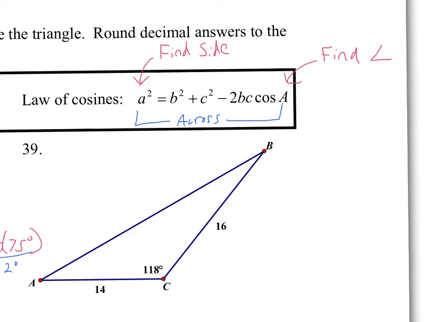The side that I don't know is right here, AB. And so that's what I'm going to start the formula off with. AB equals, or AB squared equals. And so at the end of the formula has to be cosine of the angle across from there, 118.